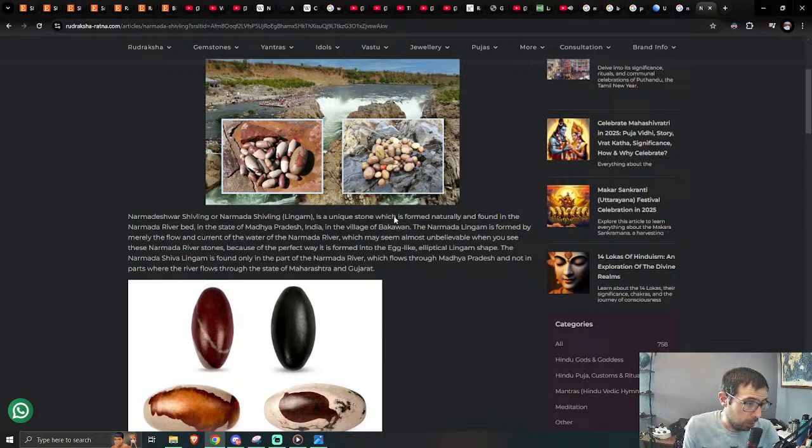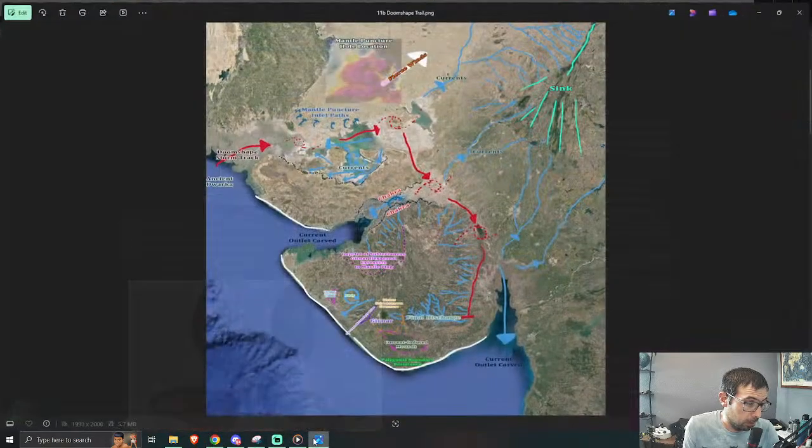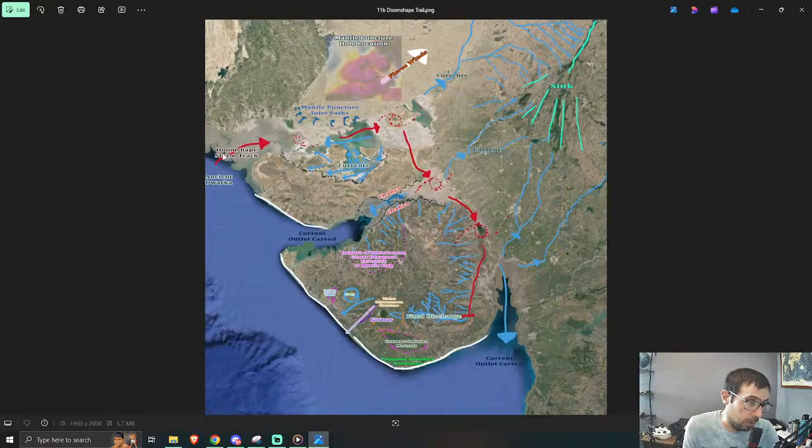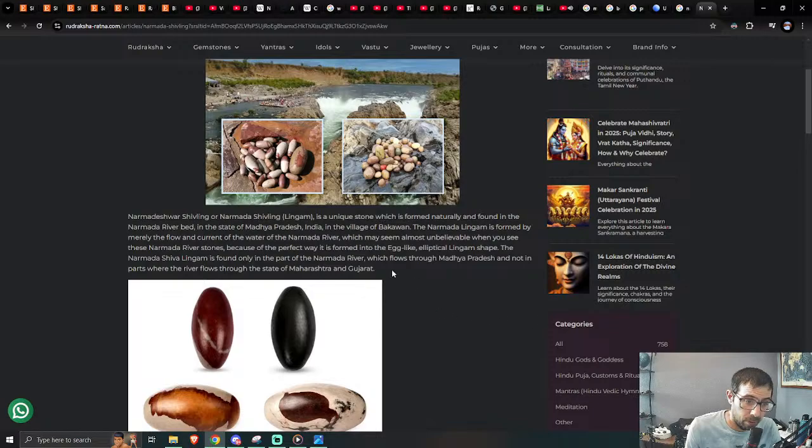Certainly related to the Doom Shape. That went this way, went to here, discharged into Girnar, opposite to Narmada. So it's related, makes Narmada Shivlings.